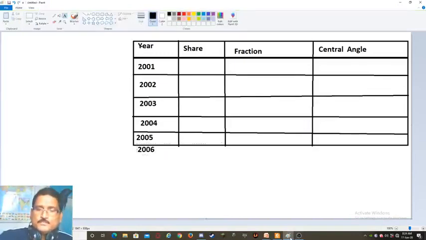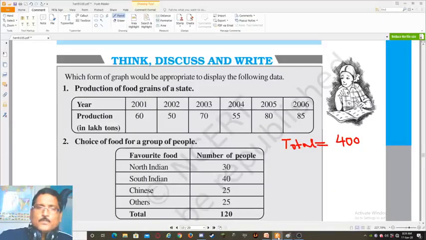Now what is the share? 60, 50, 70, 55, 60, 50.